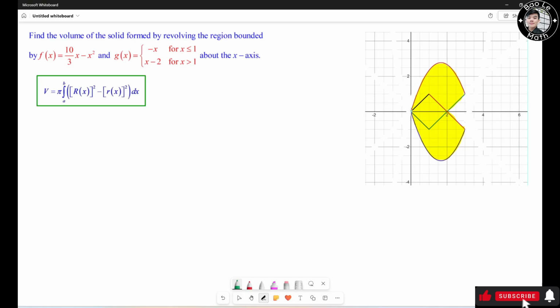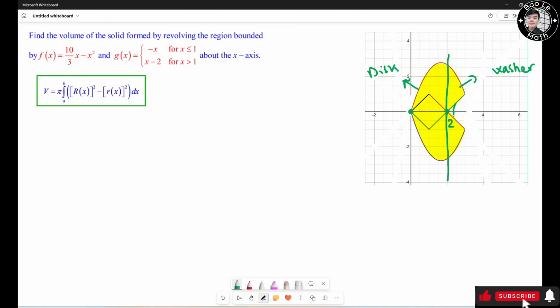Alright, so I need to calculate the volume of this solid from 0 to 2 first. So I just split this one into two sections. The first one is going to be from 0 to 2, and I'm going to use the disk method. The second one is going to be the washer method because I have a hole right here.